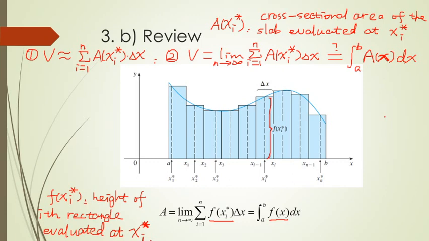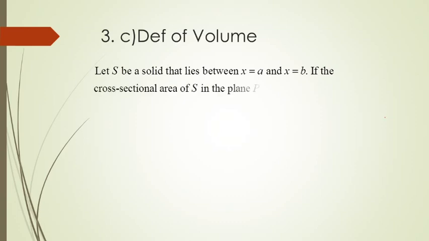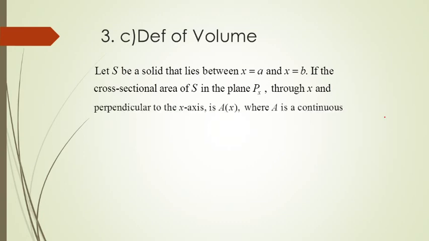Now let's check the definition of the volume. Let S be a solid that lies between x equals a and x equals b. The cross-section of S forms a region which lies in the plane P_x through x, and this plane is perpendicular to the x-axis.